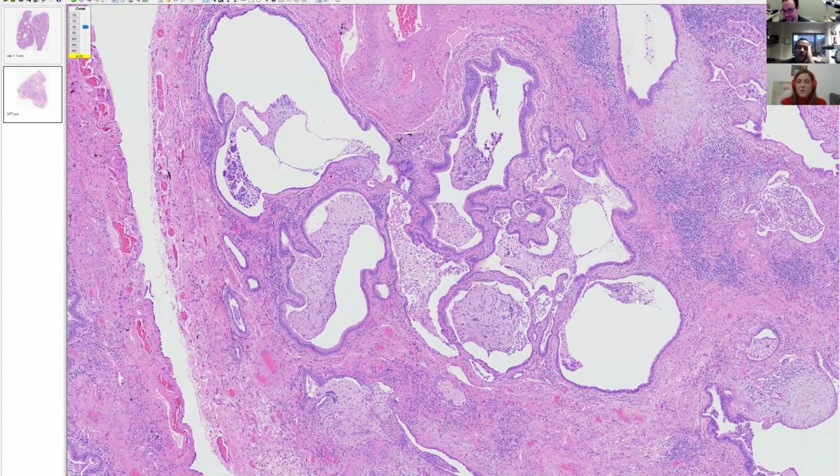I see. Another question to both of you: would you diagnose honeycomb change if it has exactly the same look, but no fibrosis in the background? I can't imagine this. I mean, normal alveoli, and then this stuff on top of it.